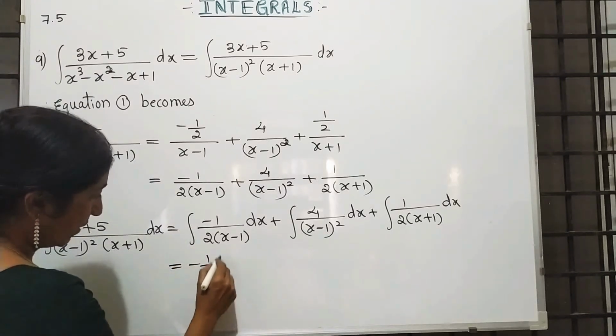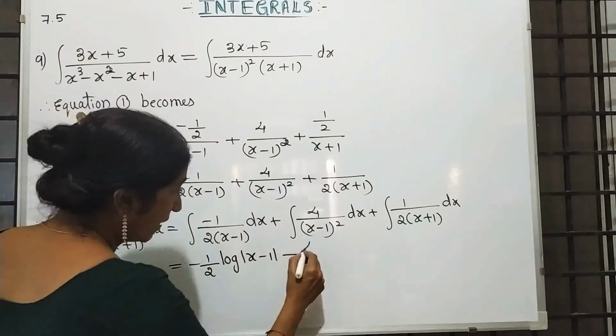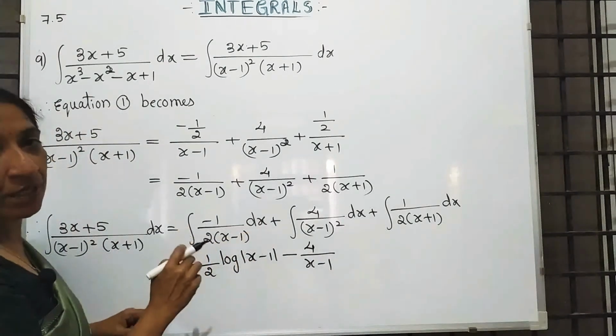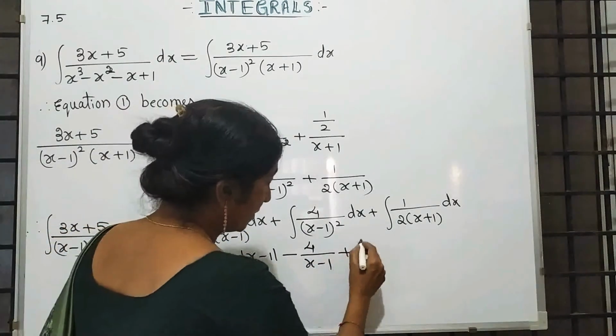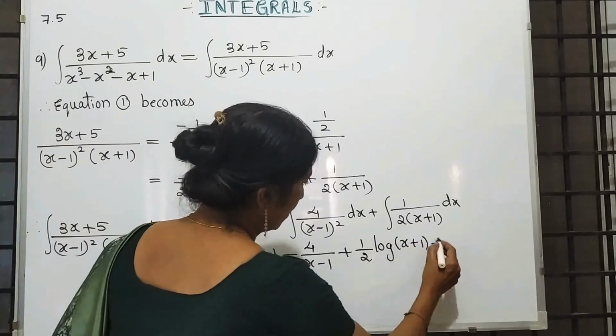Next, minus 1 by 2 log of (x minus 1) minus 4 upon (x minus 1), because integration of 1 by x square is minus 1 by x, plus 1 by 2 log of (x plus 1) plus c.